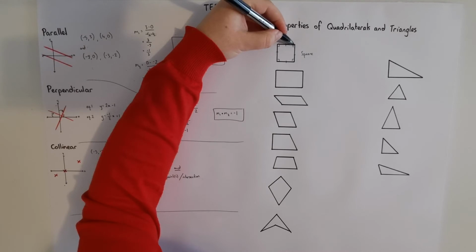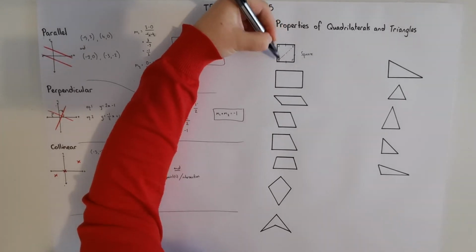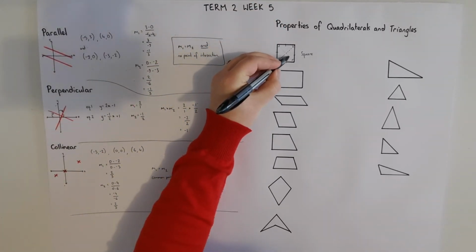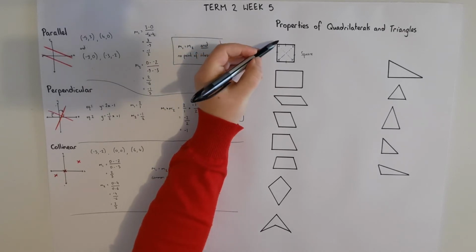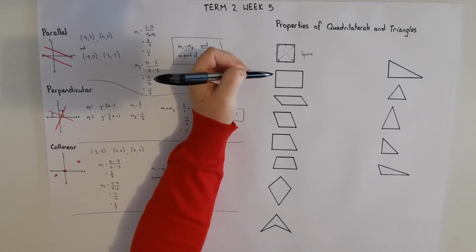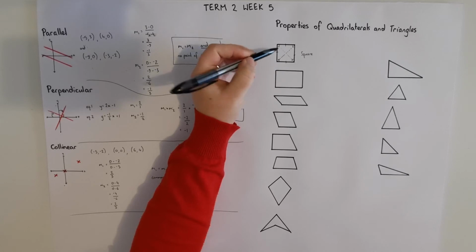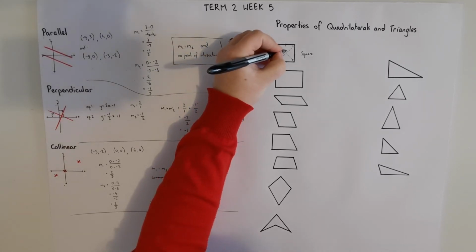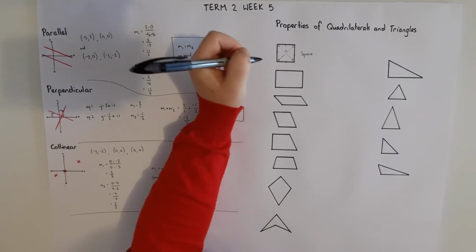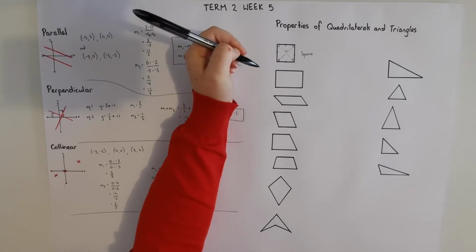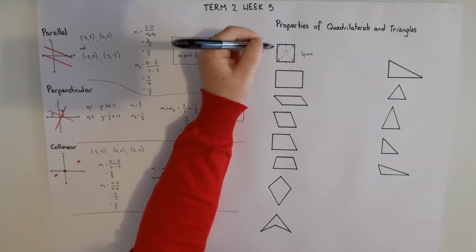If you also included the diagonals, you would note that the diagonals are of equal length and that they bisect each other. They cut each other in half, that's what bisection is, at right angles. There is lots to look at in a square.